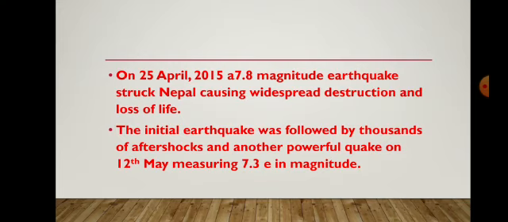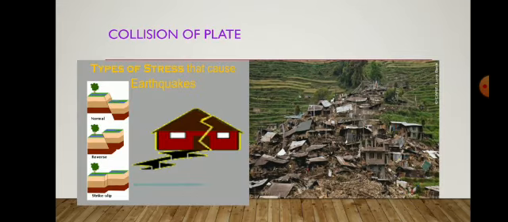So the earthquake of Nepal and India, why did it happen? This earthquake took place in the Himalayan belt, and the reason was the collision of the Indian plate and the Eurasian plate. Collision means the crash of the Indian plate and the Eurasian plate.